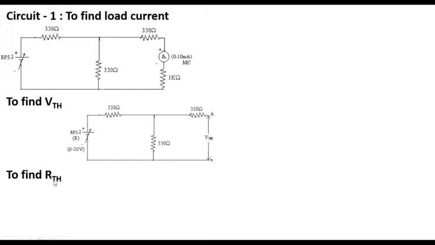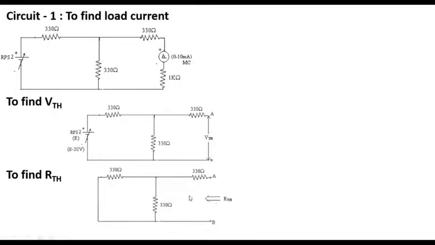To find the RTH, the equivalent resistance, your RPS is short circuited, and again using your multimeter, you can measure the equivalent resistance of this network. Theoretically, you need to find the R equivalent, and in practical, by simply connecting your multimeter across these 2 points A and B, you can easily measure the resistance.